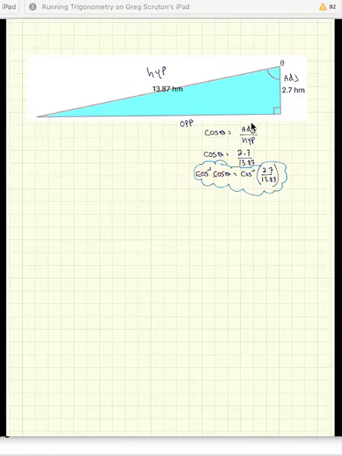So that's something we think about, but we don't actually have to do. Next step. We end up with this step, and this is important. Theta is the inverse cosine of 2.7 divided by 13.87. Handy dandy calculator time.